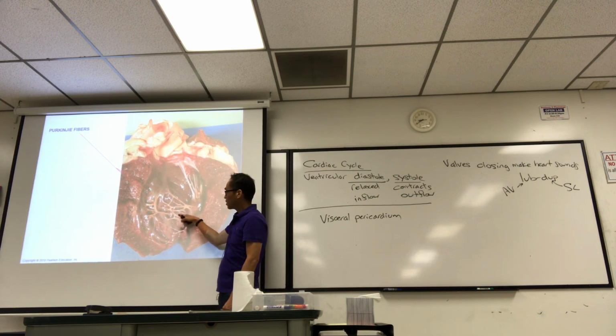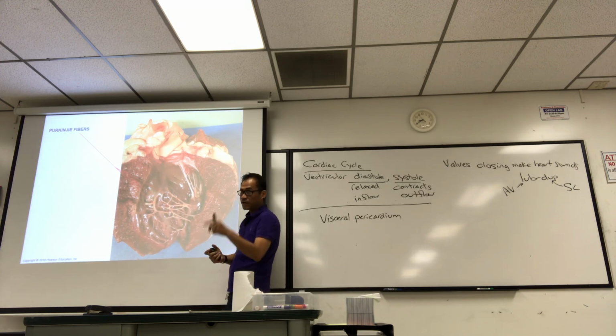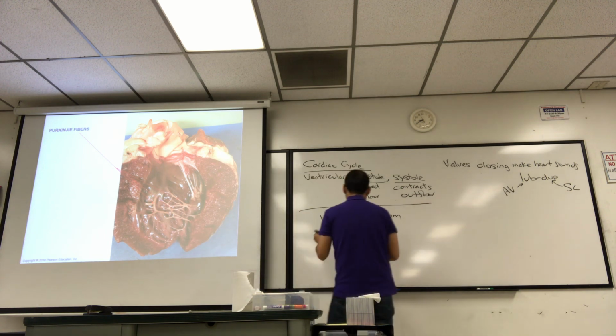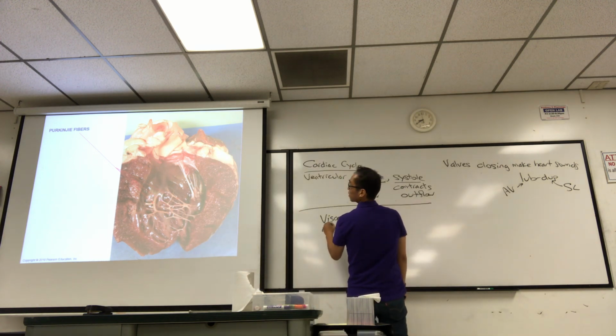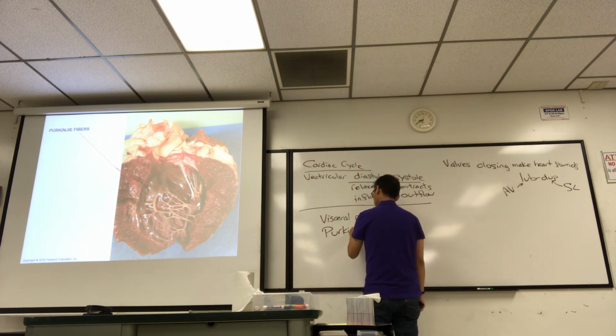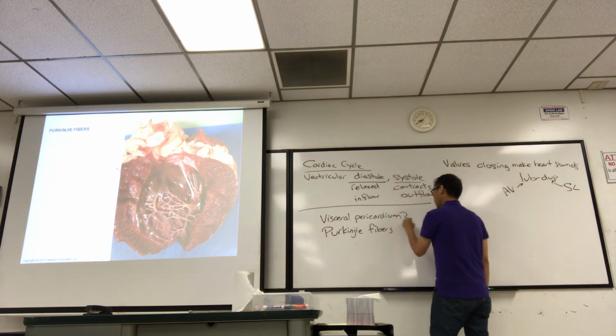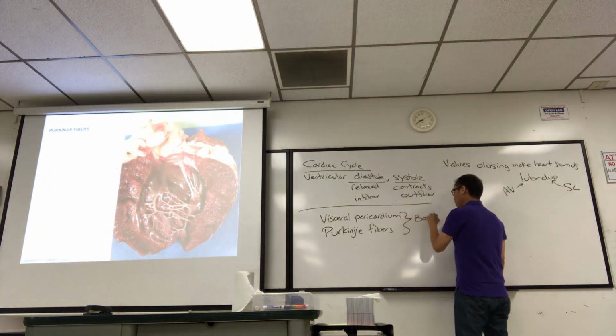But this whitish tissue allows the action potential to spread through the heart very quickly, and those are called Purkinje fibers. If you can identify Purkinje fibers, I'll give you bonus points.